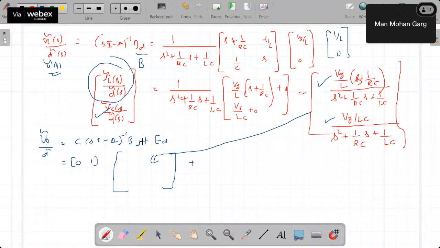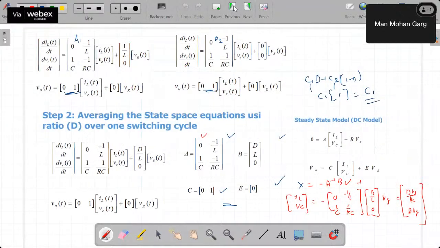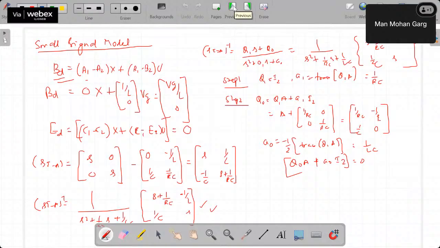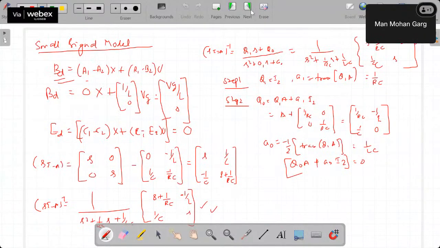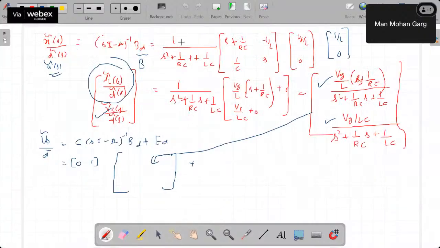And what is the ED? We just calculated. Where did we calculate? Yeah, here itself. ED is 0. So let us put it back here. ED is 0. What we need to do is multiply this with 0, 1. So if I multiply this with 0, 1, the first term will be 0, only the second term will appear, and this is already 0.